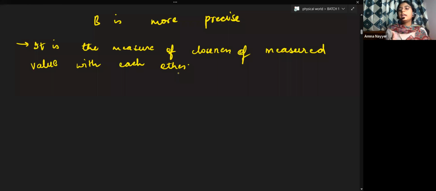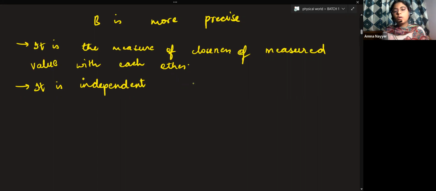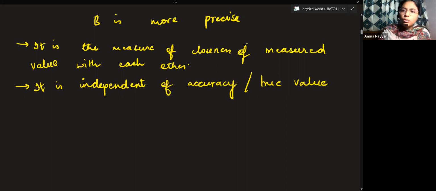And it is independent of accuracy or the true value. Whatever the true value or the measured value is, precision doesn't depend on it. Precision is independent. It has its own value and you have to get that exact value.